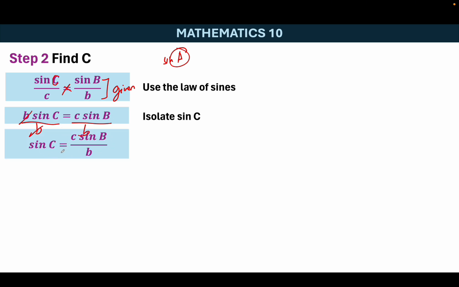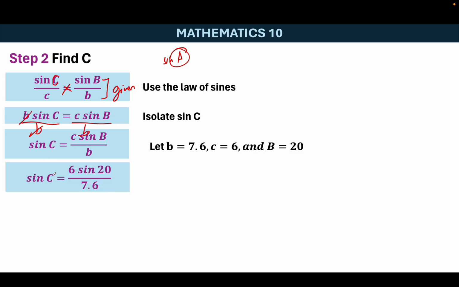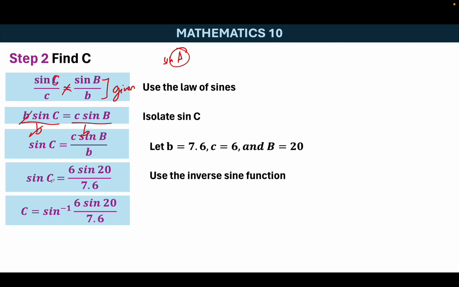Now, before kayo mag-substitute, you may get the inverse nitong function natin. Okay? So, bago nyo i-solve tong part na to, ilipat nyo na siya dito by getting the inverse sine. So, that will become sine raised to negative 1. Then, gamit kayo ng close and open parenthesis on your calculator. Then, saka nyo i-substitute yung mga given.